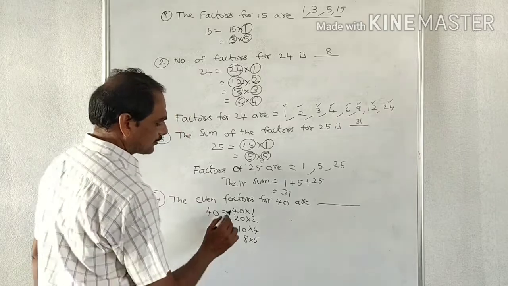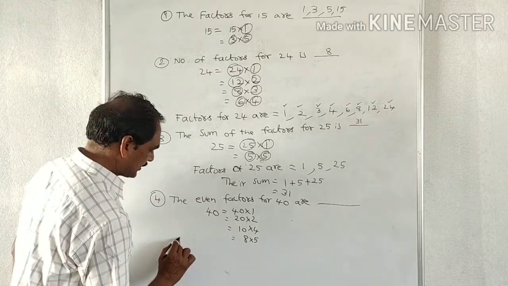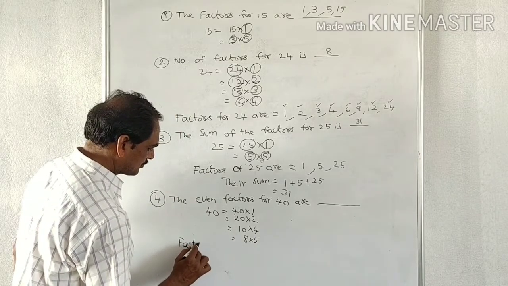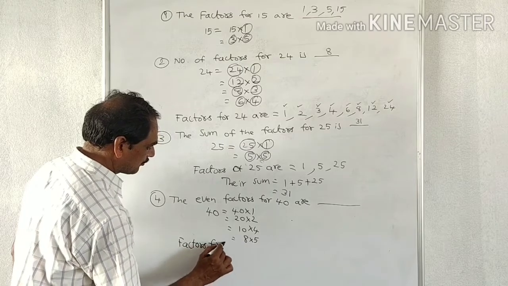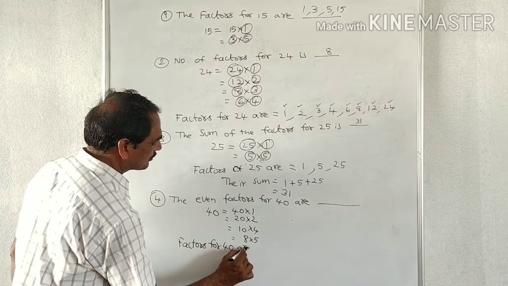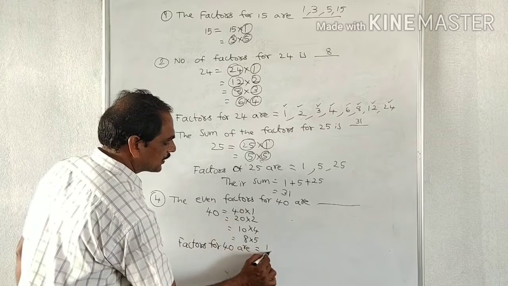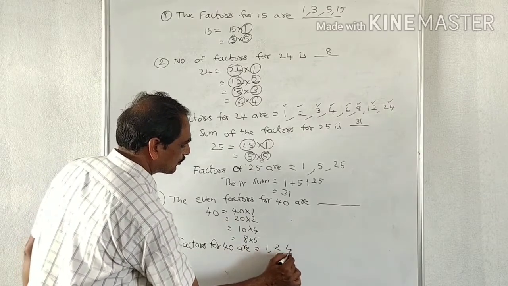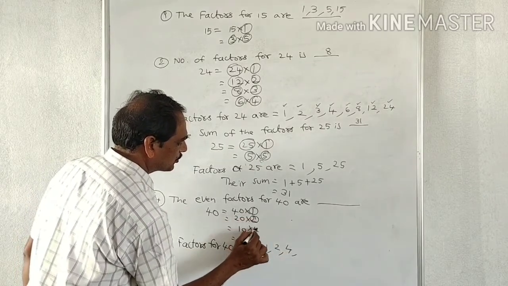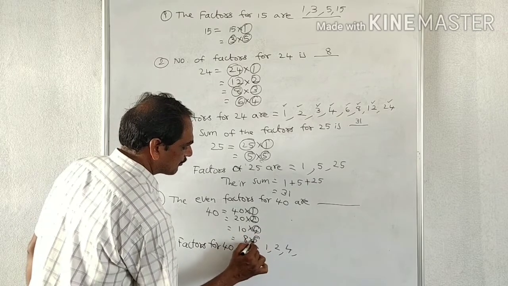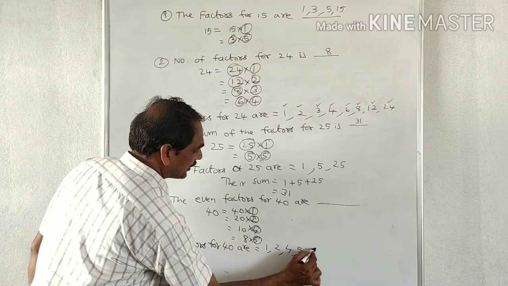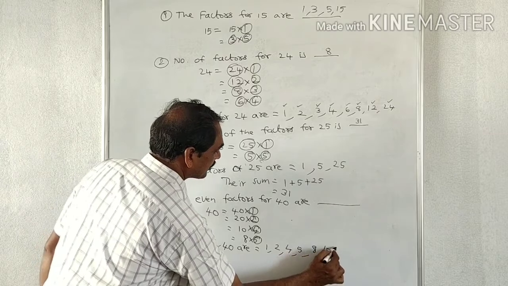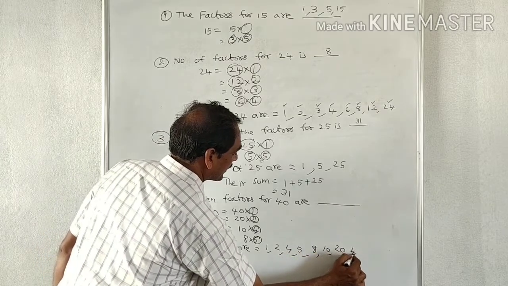Now the factors for 40 are 1, 2, 4, 5, 8, 10, 20, 40.